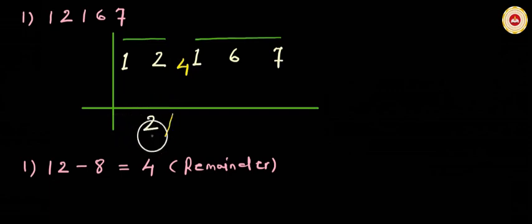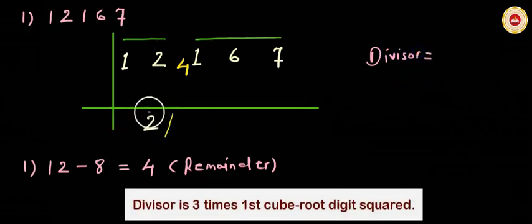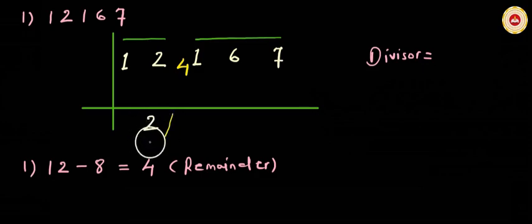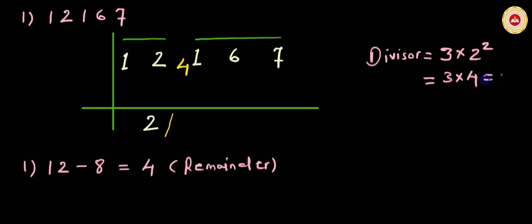Now let us find the divisor. How to find the divisor? The divisor is 3 times the square of the first, leftmost digit of the cube root, which is 2 here. So 3 times 2 squared, which is 3 times 4, which is equal to 12. This 12 is the divisor, and write divisor 12 here.